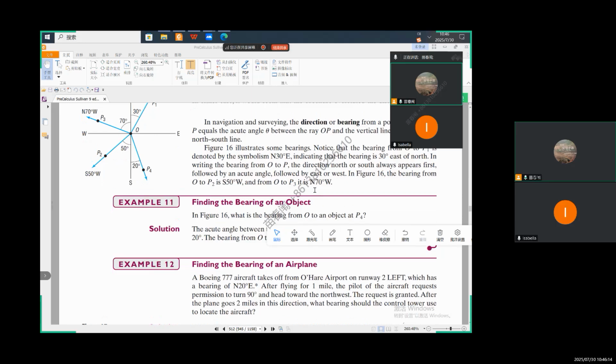Let's do example 12. You have to draw a little bit for this one.